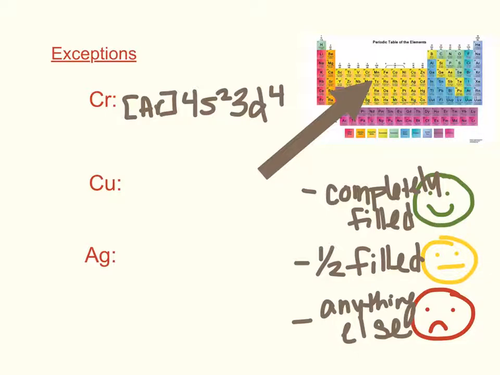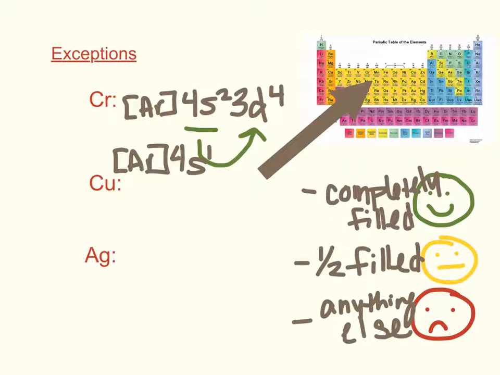But what we can do is take one electron from the 4s2 orbital and loan it over to here. And what that means is now I have Ar 4s1, which isn't bad.